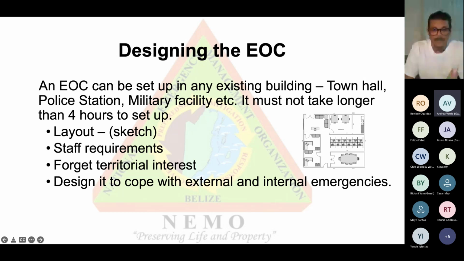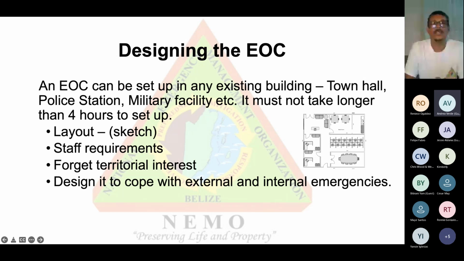You need secretaries, you need communication persons, you need diarists, you need cooks, you need people who will clean and do some admin stuff. So you need to consider all of these staff requirements for a fully functional emergency operations center, right?